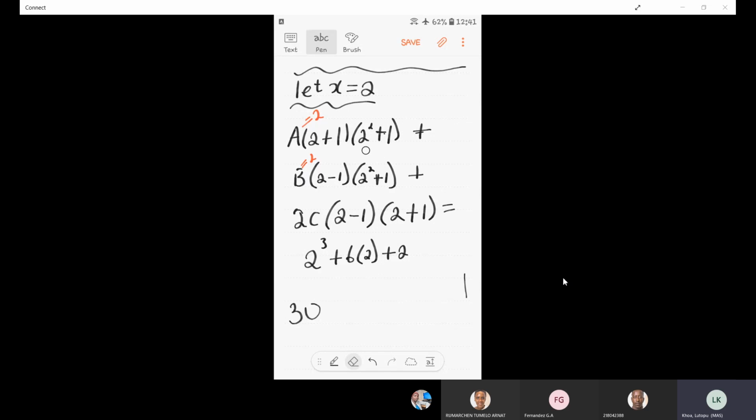So it's 5 times 1 times 2, and I get 10. So this is plus 10. Then over here, 2 minus 1 is 1, and this is 3, so 1 times 3 is just 3, and times this 2, I get 6. So plus 6c. On the right hand side, I have 8 plus 12 is 20, plus 2, I get 22.